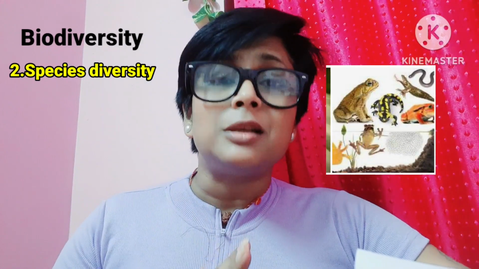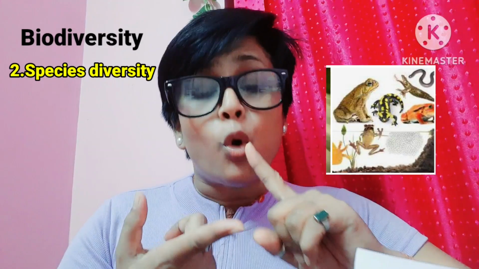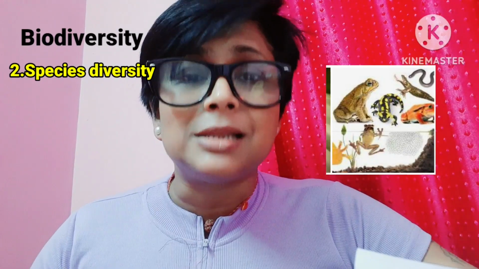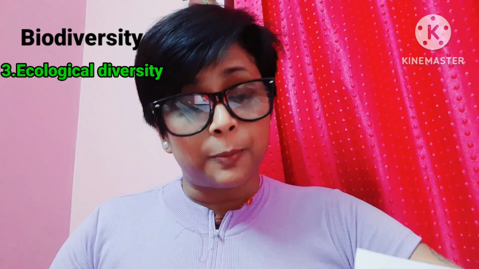So this is species diversity, because only for amphibians, the number of species in the Western Ghats is much more than in the Eastern Ghats. And the third one is ecological diversity.